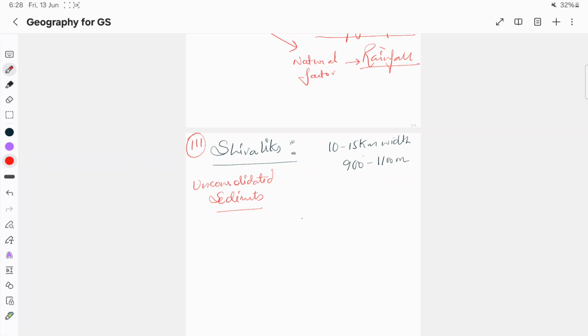They have landforms like gorges and V-shapes that we talked about. They have small rivers with rapids. They have waterfalls as well. So these are the youthful Himalayas.